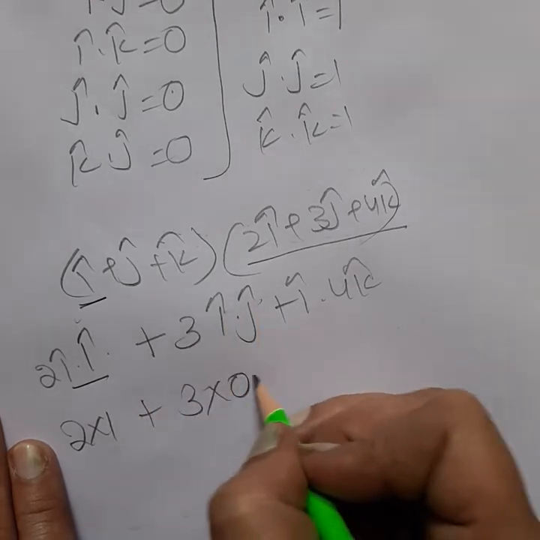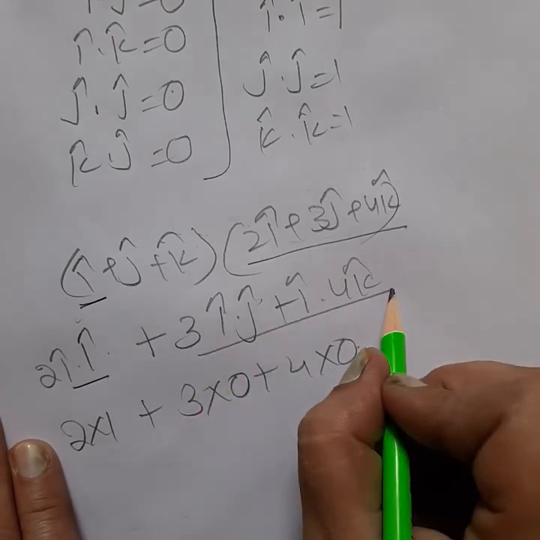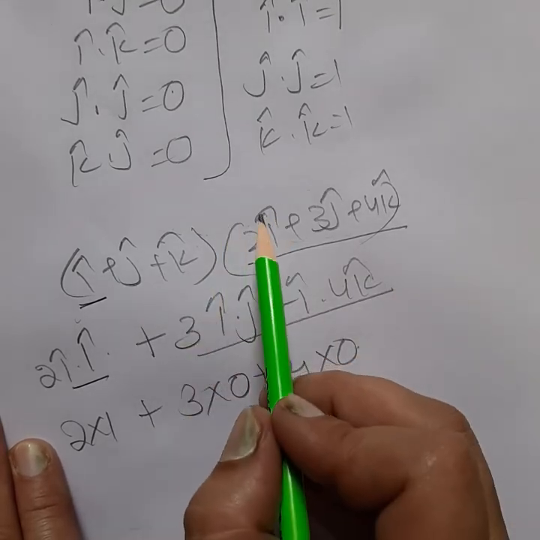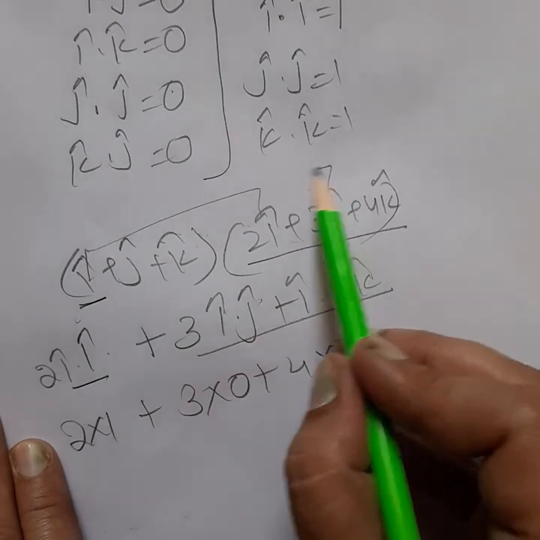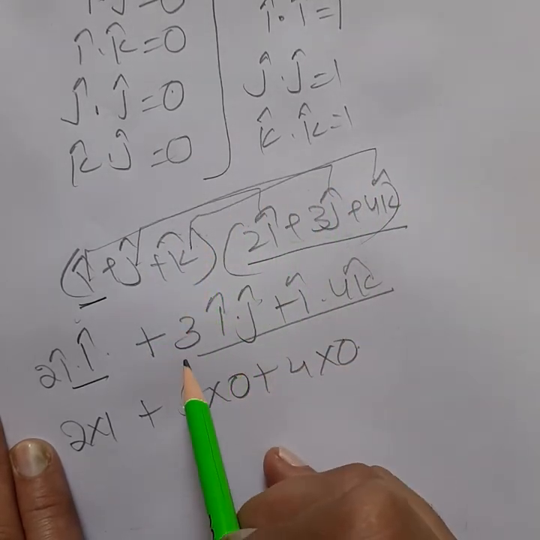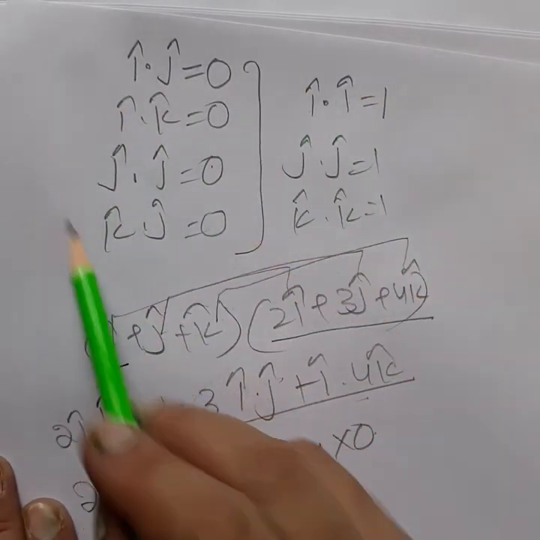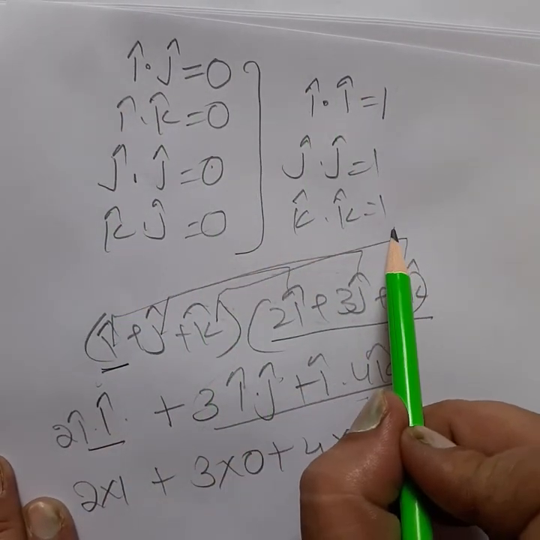That's why in our previous question we do not need to write these components thoroughly. We directly multiply i dot i is 1, j dot j is 1 and k dot k is 1. We do not need to multiply as a whole.